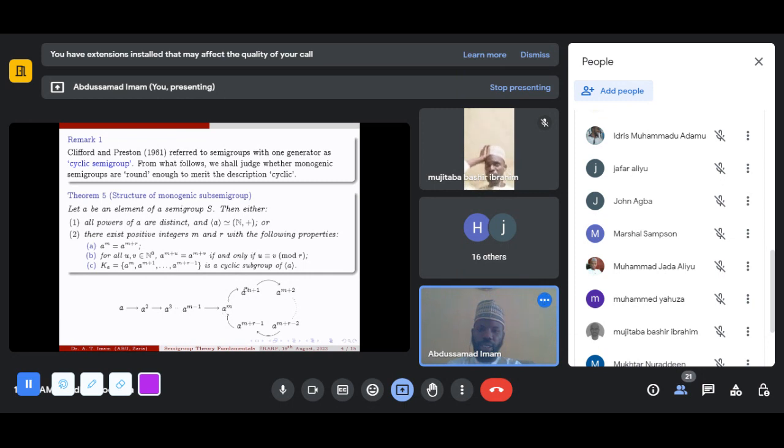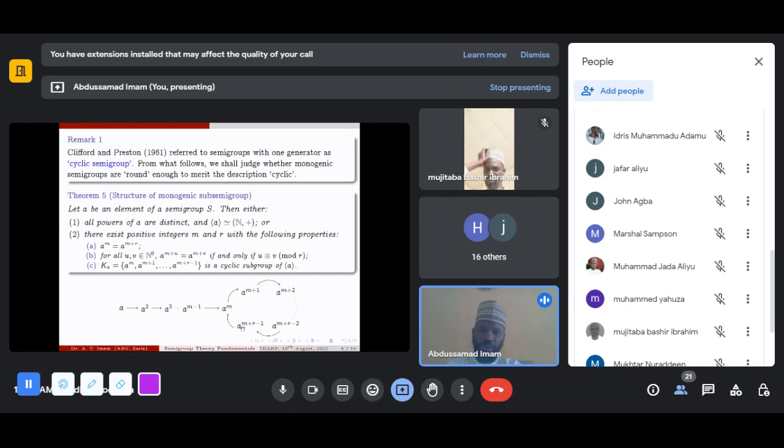And from here, the whole thing will start repeating, because a to the m plus r plus 1 will still be equal to a to the m plus 1, and a to the m plus r plus 2 will be a to the m plus 2. The entire thing will keep on cycling around here. So this cycle is the set Ka.